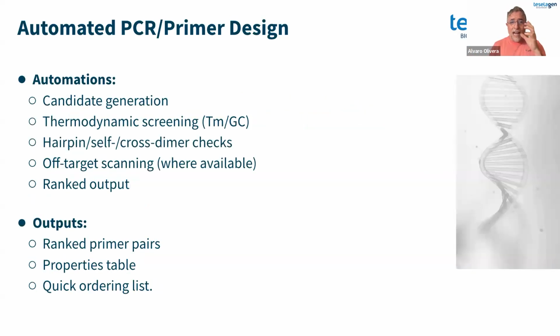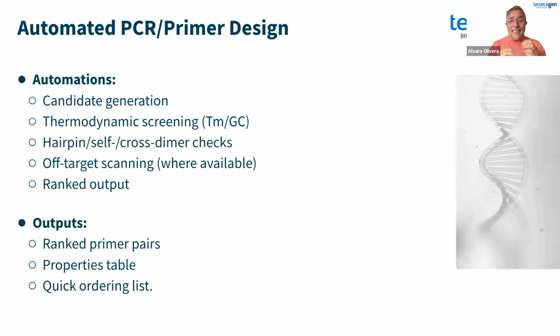In the next slide, after generating candidates, the platform performs several checks in the background. The same things you usually do manually, or the same thing you can use some other platforms to do. You check thermodynamic balance, GC content, hairpin formation, self-dimers, cross-dimers, off-target binding, many different things.